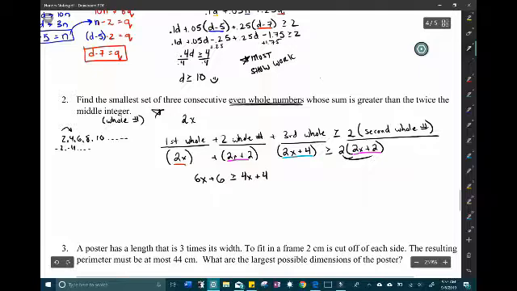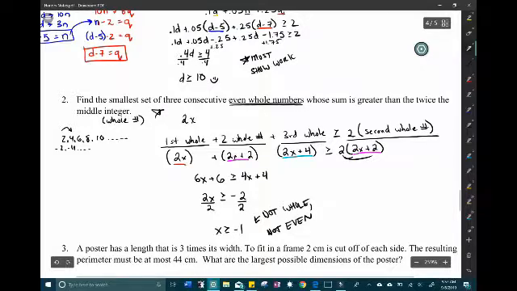Let's solve then. 6 and 4, that's 2x, must be greater than or equal to negative 2. And if we divide, we have x is greater than or equal to negative 1. Now if you notice, that is not the answer. That's not a whole number, and that's not an integer, or it's not even.